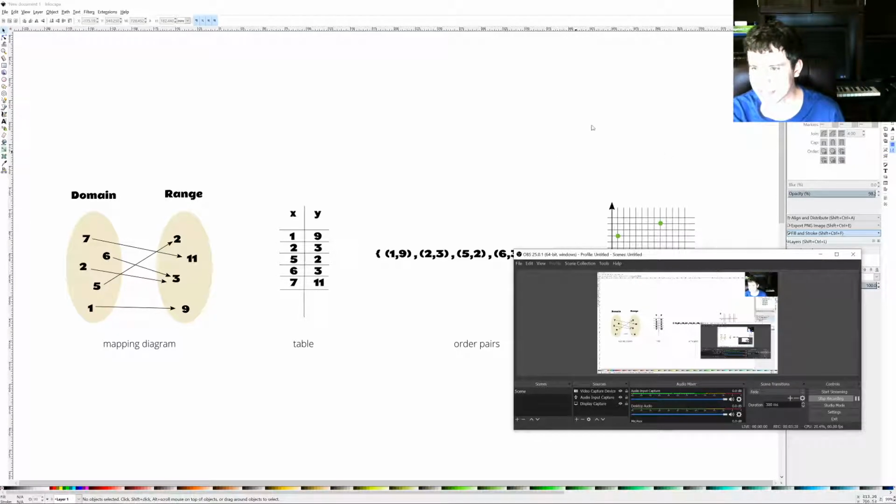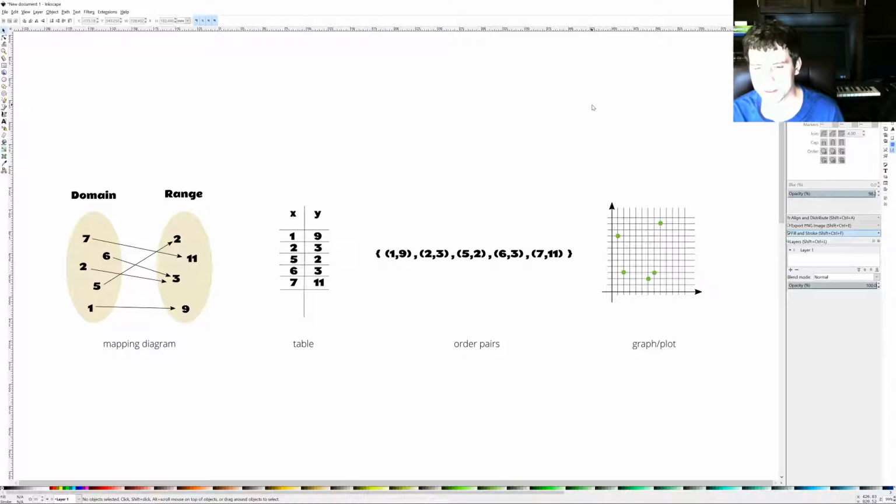So the idea here is that a function represents a dependence of one number on another. So if I said that how tall you grew, some people think, may be a function of the amount of milk you drink, then what we're saying is that one kind of drives the other.